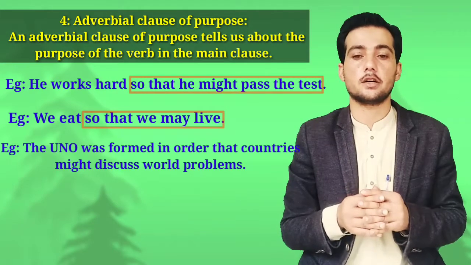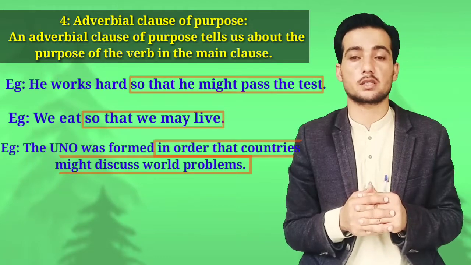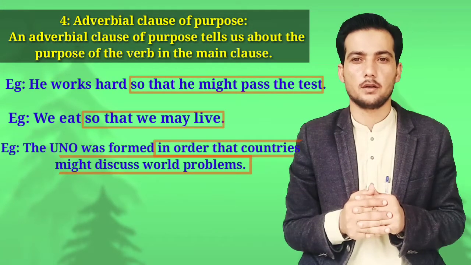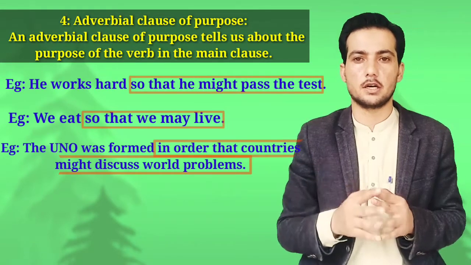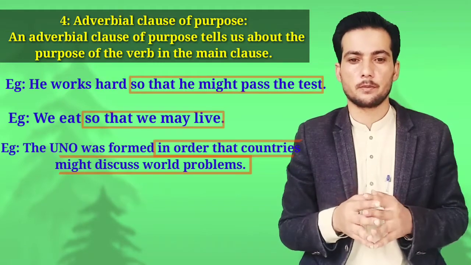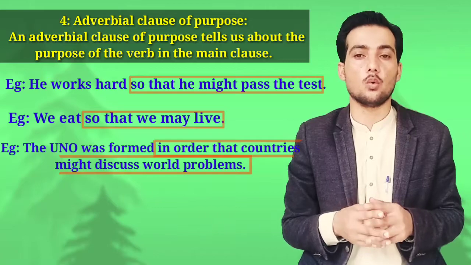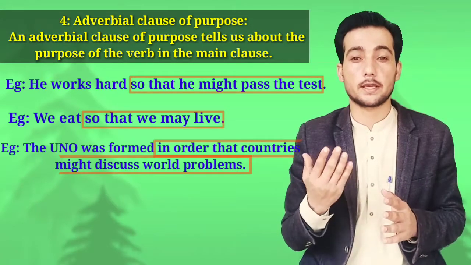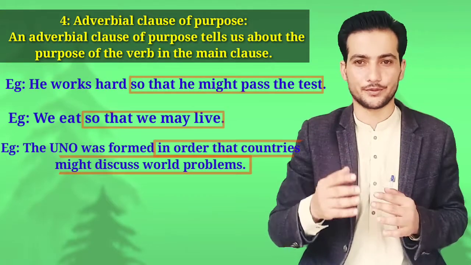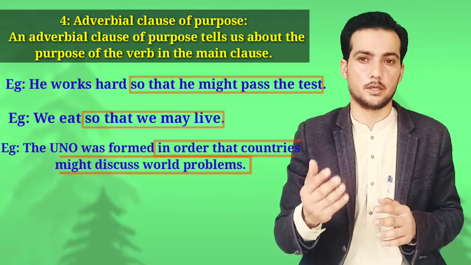"In order that countries might discuss world problems" is an adverbial clause of purpose because it consists of a subject and a verb, and it starts with a subordinating conjunction, and it gives us the purpose. If I ask why the UNO was formed, the purpose is in order that countries might discuss world problems. So it is an adverbial clause of purpose.